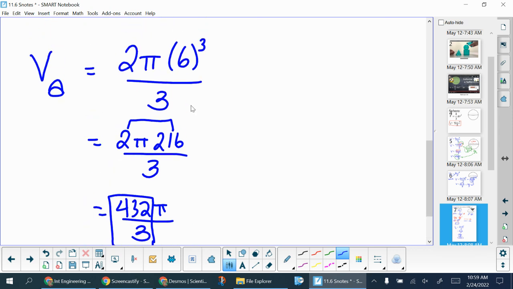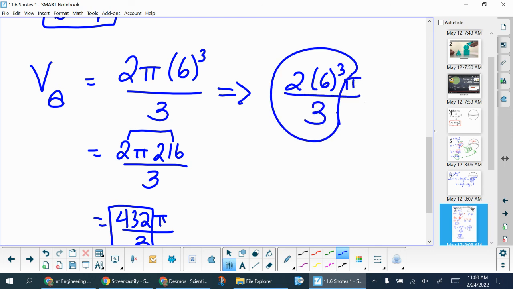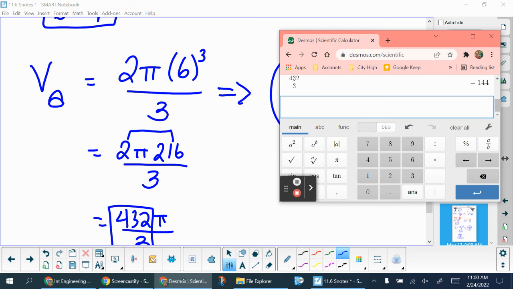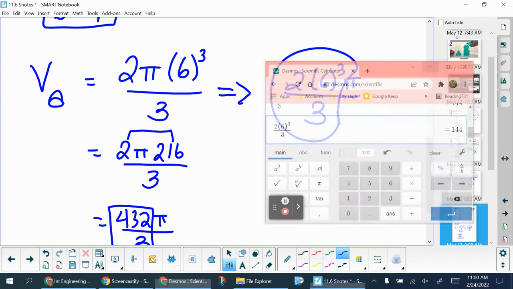Even if you had gone way back up here and turned it into 2 times 6 cubed times pi, you move the pi to the end, you could type that into a calculator. 2 times 6 to the 3rd power, all divided by 3, and you get 144.